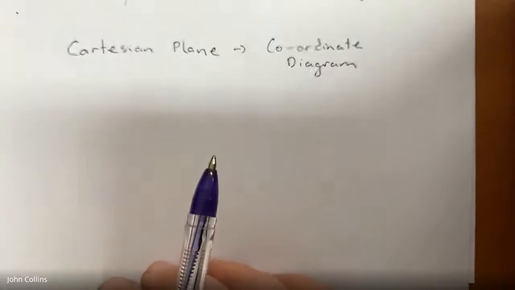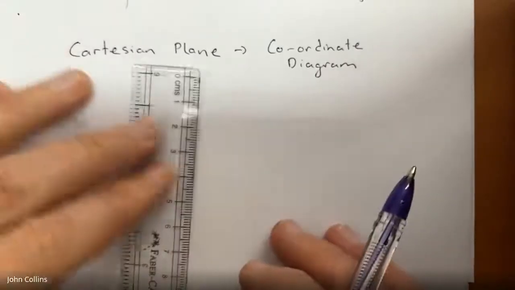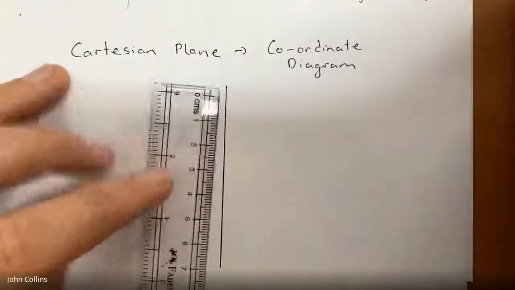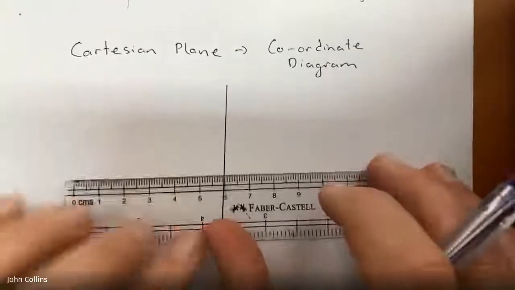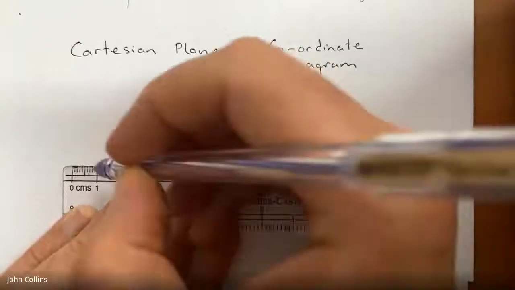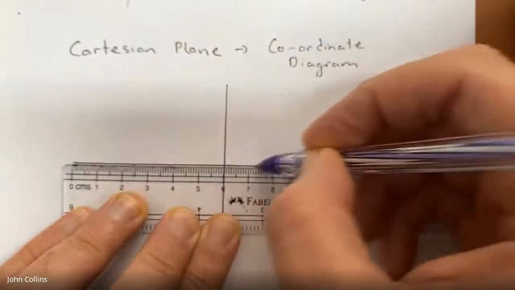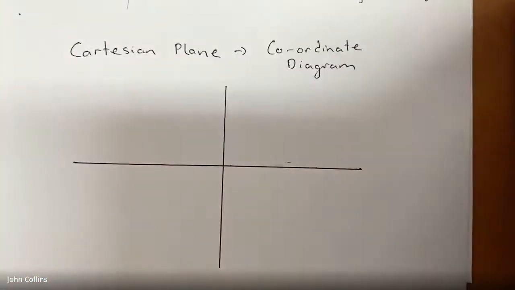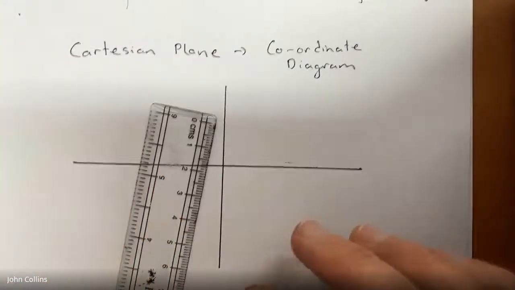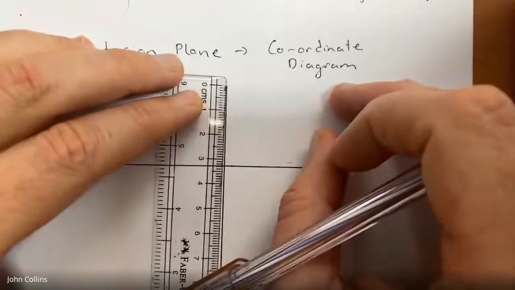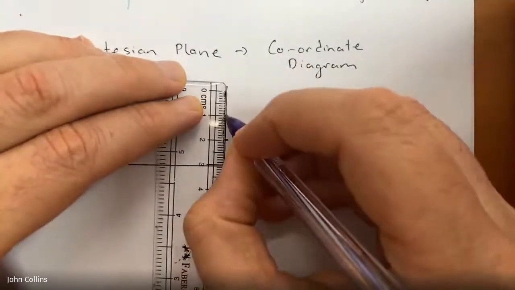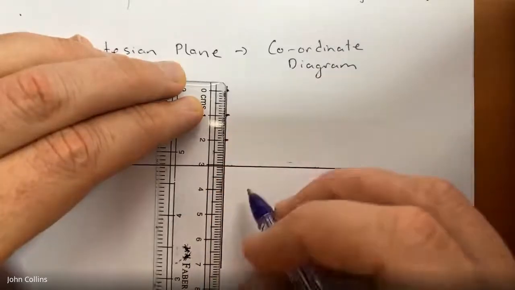So this is where you'd need to get out your ruler. Draw a nice line vertically and one horizontally. And you use the dots, or the squares, on your math book. I'm going to use just centimeters here to mark it off.